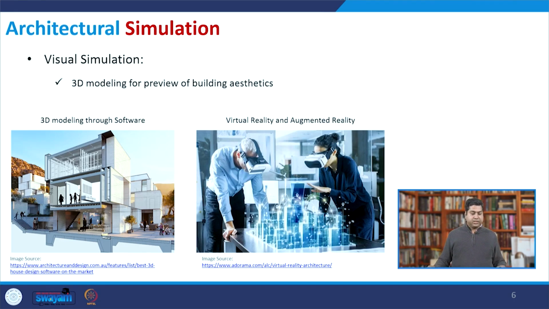Now coming to the first pointer, that is visual simulation, those who are architects or already practicing or teaching architecture can very well relate with this: 3D modeling for preview of building aesthetics. Definitely earlier we used to make the physical model and try to experience it.